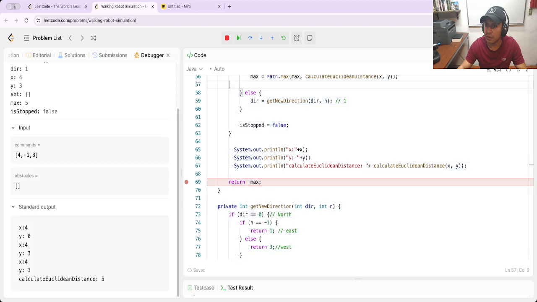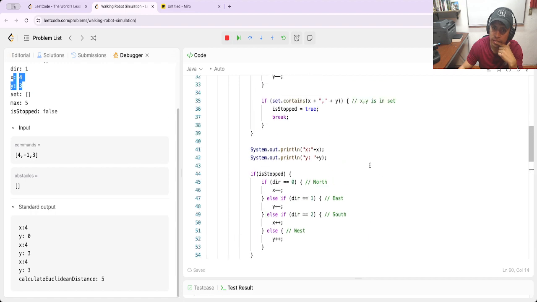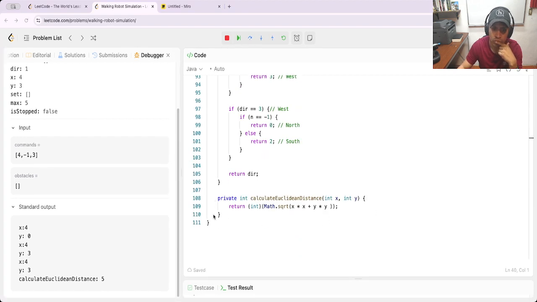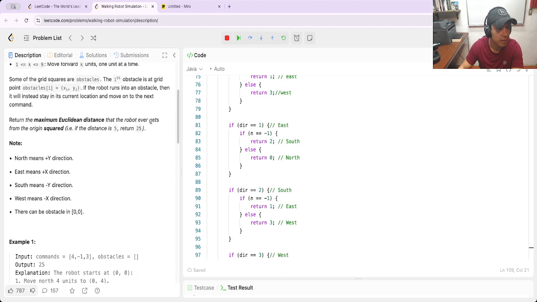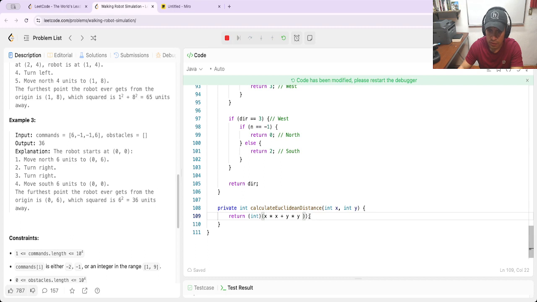Let me format the code. X and Y. I think that maybe, let me test, remove this square.